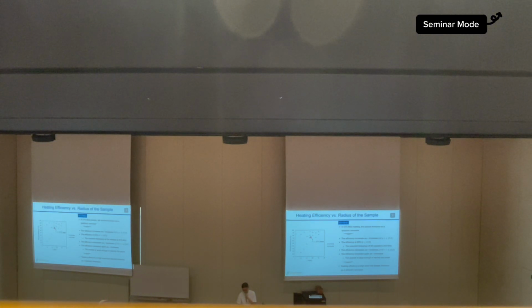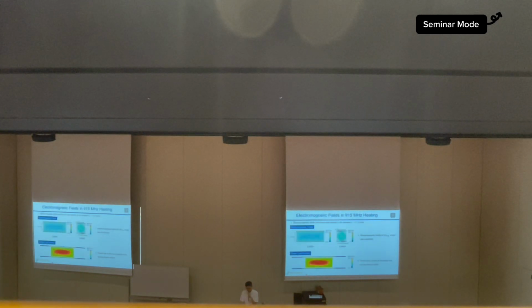Then the efficiency decreases, and when the sample is large enough to absorb almost the entire power, the efficiency increases again. So we could show that heating efficiency is high when the sample functions as a dielectric resonator.